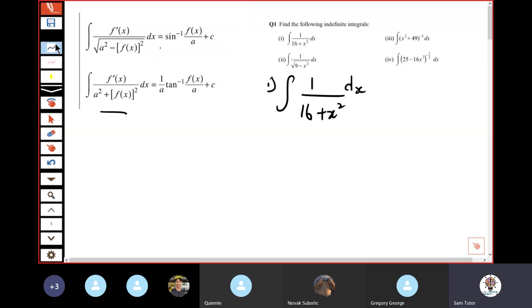Isn't that negative sine? So the answer to this is actually a log. But because the derivative of cos is negative sine, the answer will be negative log of the bottom, which is cos theta plus c.